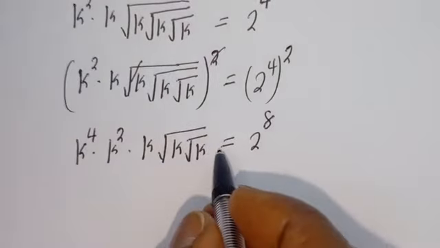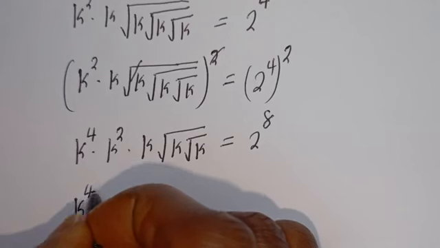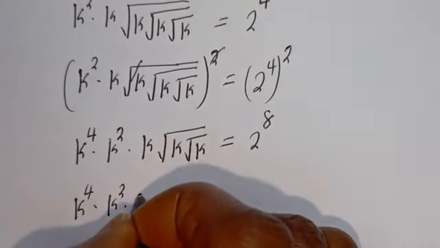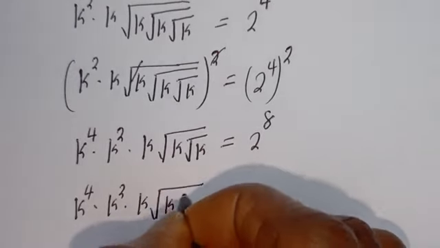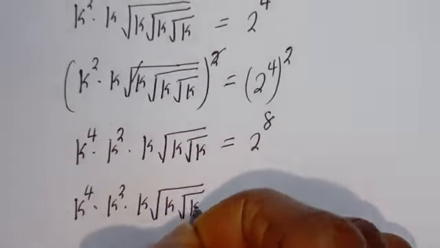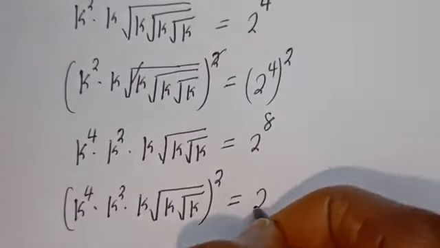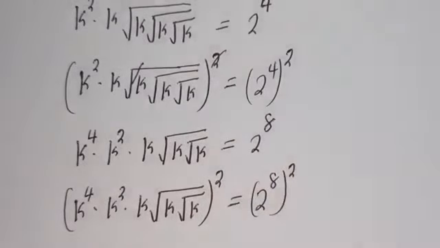Then let's square both sides of this equation again. We have (k to the power of 4 multiplied by k squared multiplied by k times the square root of k times the square root of k) squared is equal to 2 to the power of 8 squared.